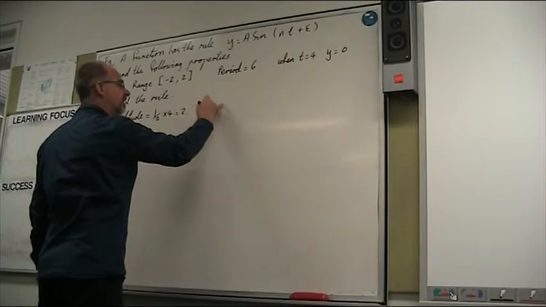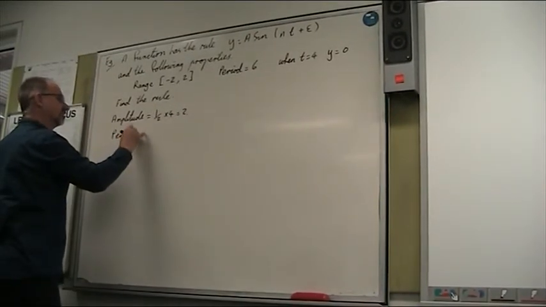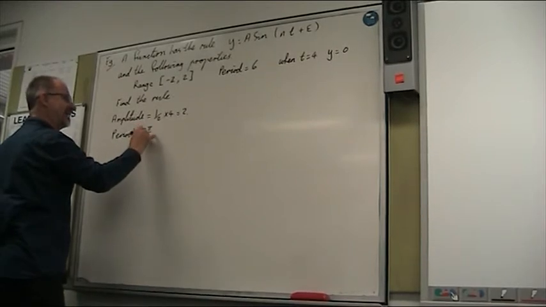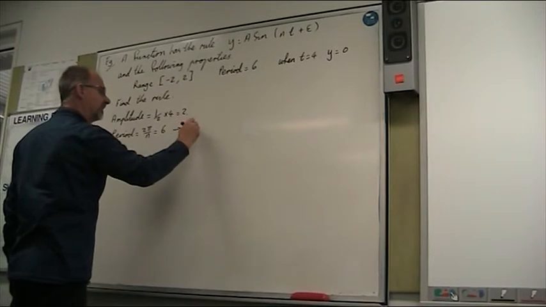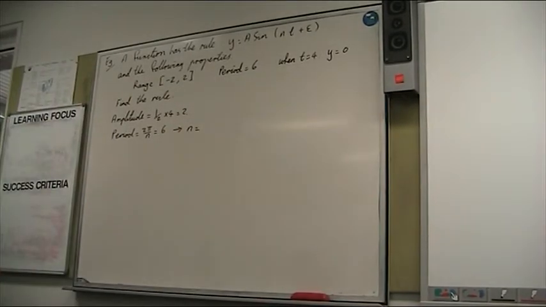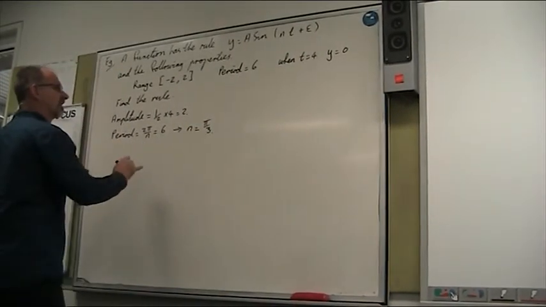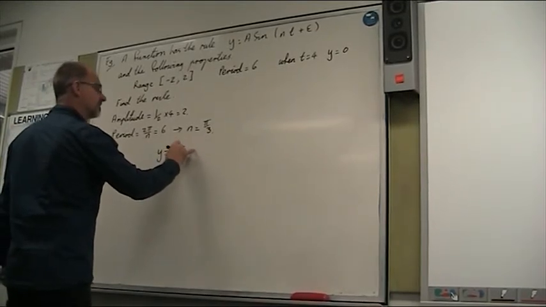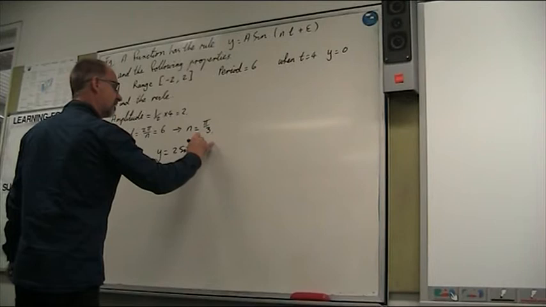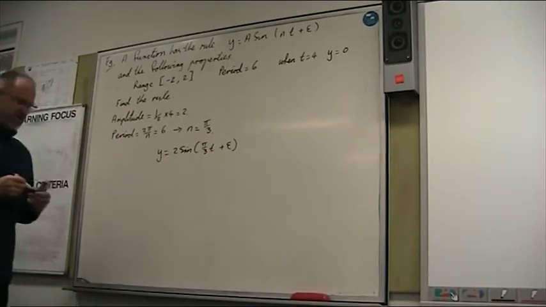From the period, because that's 2 pi on n, we can get n. With period 6, n would be pi on 3. So let's put those things in. We have y equals 2 sine (pi on 3 t plus epsilon), and that's what we have.